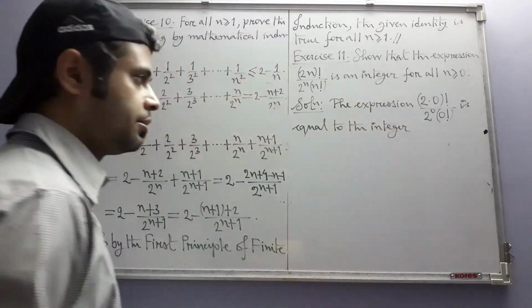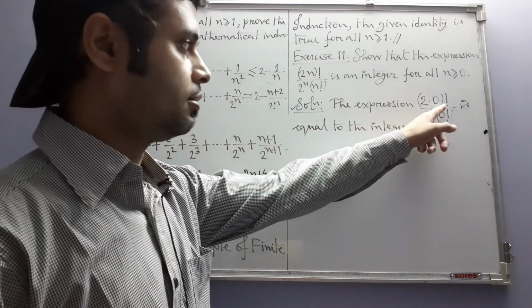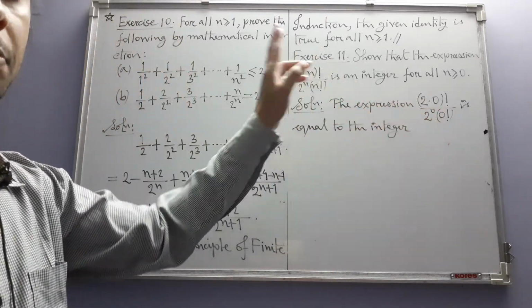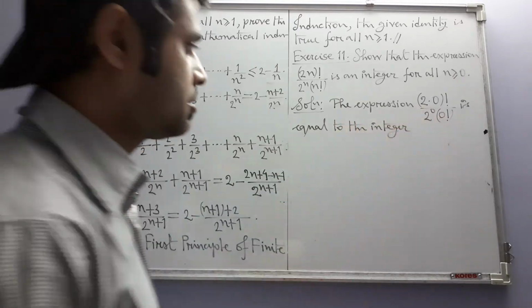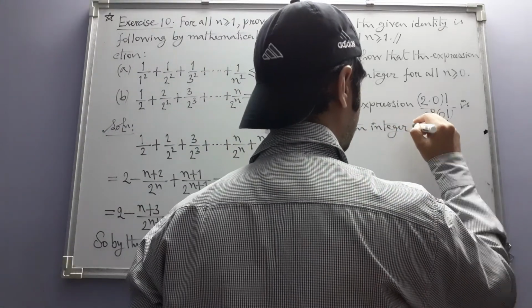What integer will it be equal to? In the numerator we have 0 factorial, that means 1. In the denominator also this is 1, this is 1. So that means the integer is 1.